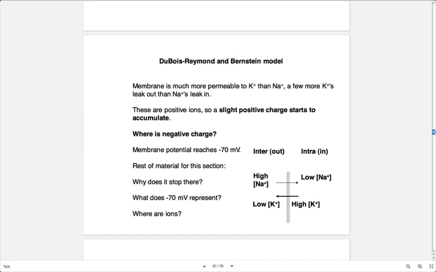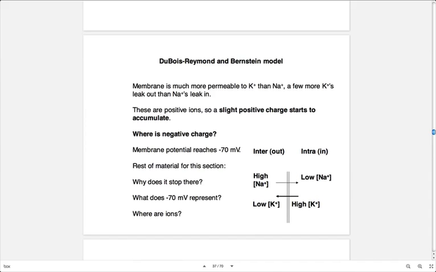So our membrane, it turns out, is a little bit more permeable to potassium than it is to sodium. And for now, we can just consider that potassium is leaking a little bit from inside the cell to outside the cell. And because these are positive ions, you're going to start to accumulate a positive charge.